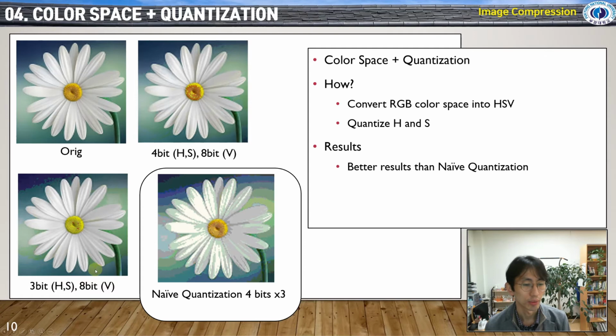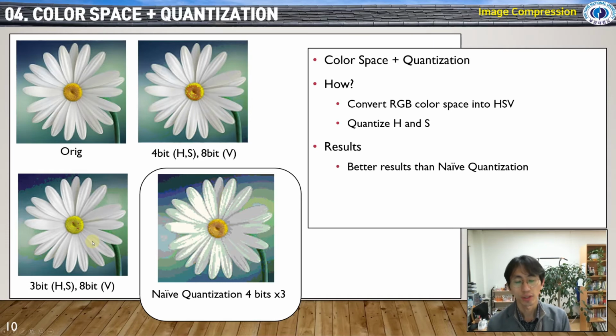This is 12 and this is 14, and you can compare these two images, and you will see the quality of the image here is a lot better, because in this case it preserves the intensity information.